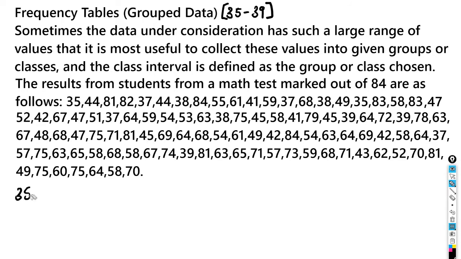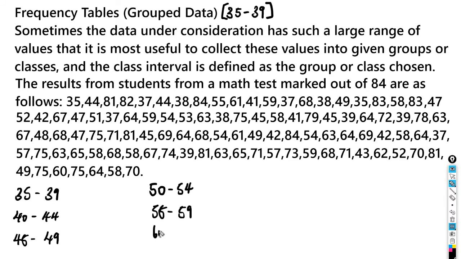The groups are 35 to 39, 40 to 44, 45 to 49, 50 to 54, 55 to 59, 60 to 64, 65 to 69, 70 to 74, 75 to 79, and 80 to 84.